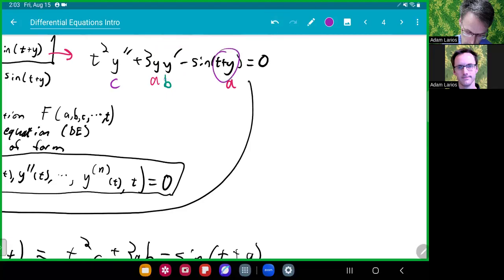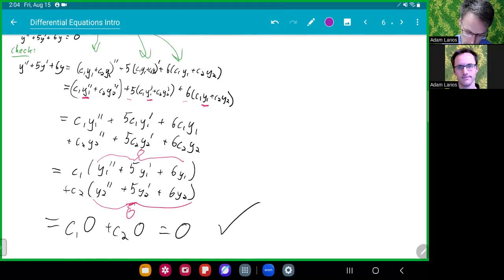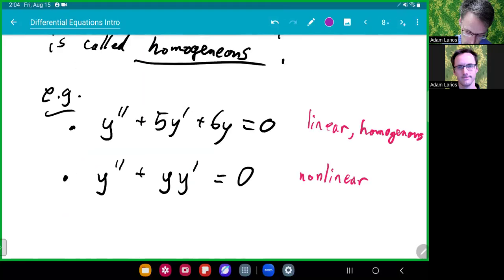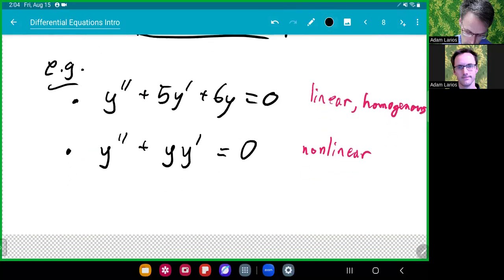The y itself is involved in a sine function. This is not going to work. If we had a term like sine t times y, this would be fine, and at least wouldn't violate linearity. But the y is inside of the sine, so this is a nonlinear equation. There's no way to write the y as just multiplying by a function of t.